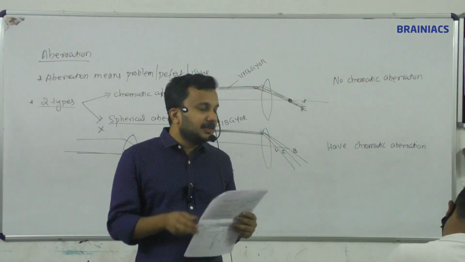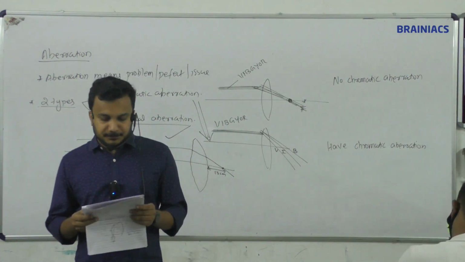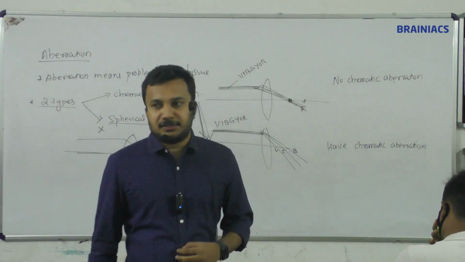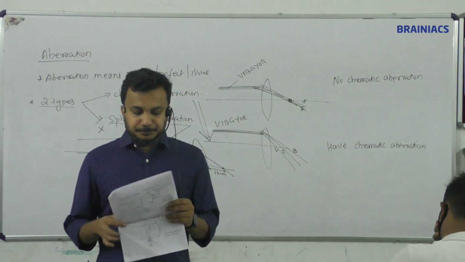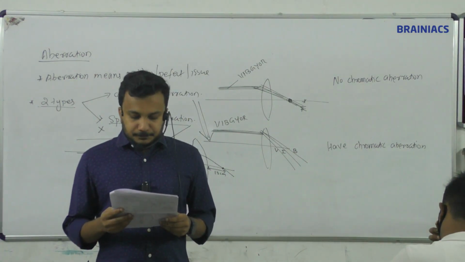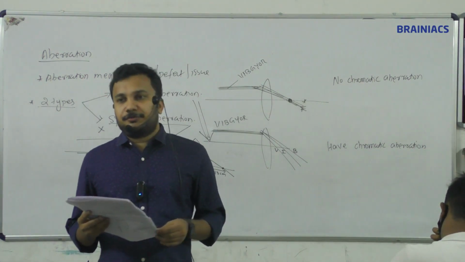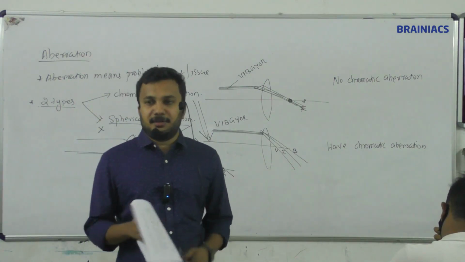Okay, to eliminate these disadvantages, modern telescopes are used. There are two types of modern telescopes.